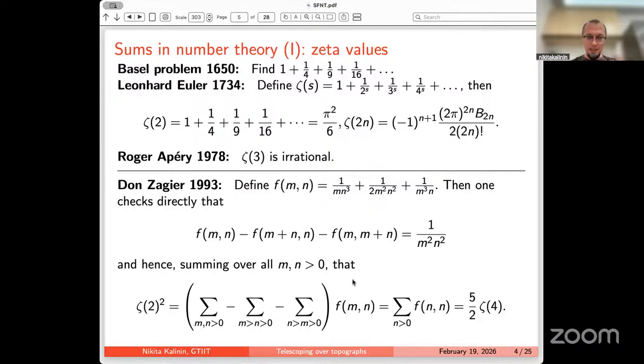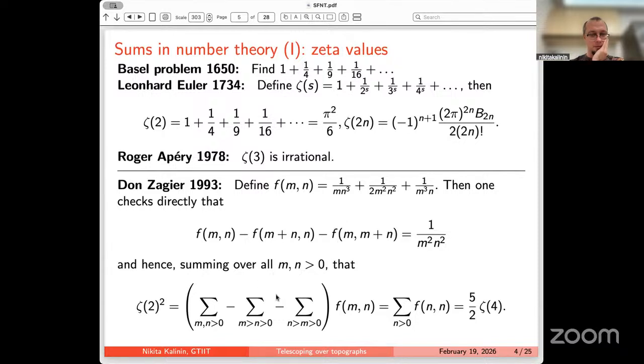And then you take a sum over this equality over all possible m and n. And so when you do it, you see that you have terms where m, for example, is bigger than n, then these terms will cancel by this term. There are terms where n is bigger than m, and then these terms will be canceled by these terms.